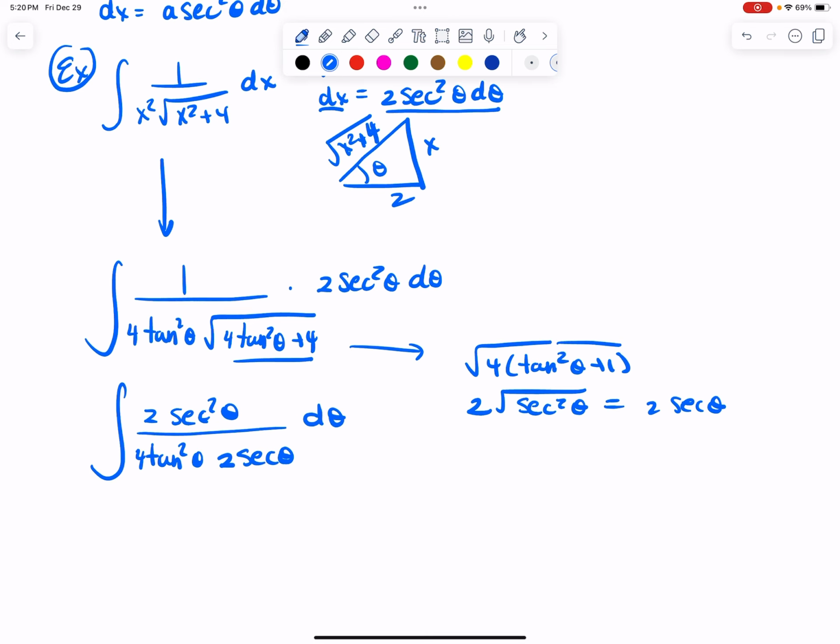Okay, d theta. Now we could do some simplifying. One of those 2's goes, and then one of those secants goes. So now I have secant theta, I'm going to bring out the 4, over tangent squared theta d theta.